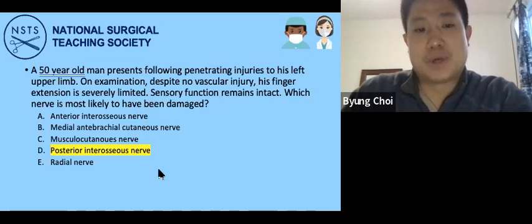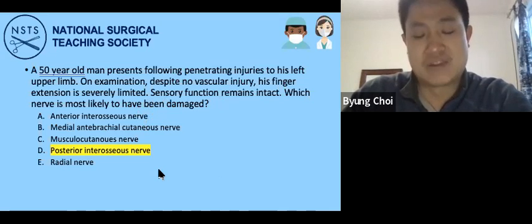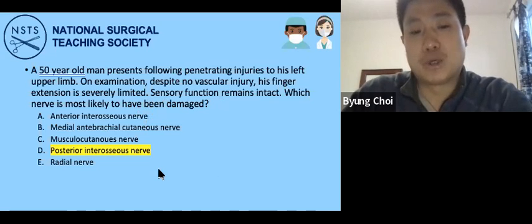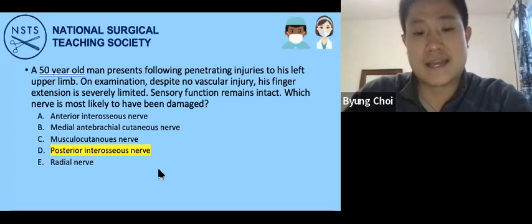We know that D, posterior interosseous nerve, is a continuation of the big radial nerve that comes off. And radial nerve is mixed sensory and motor, whereas remember that posterior interosseous nerve is purely motor. Okay, so as it comes down the forearm, it only has a motor function, and it supplies essentially the extensor muscles in the forearm.